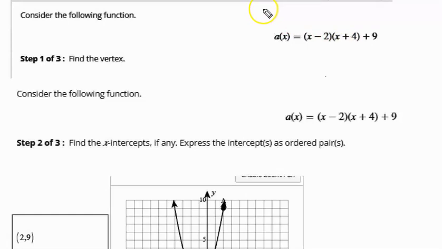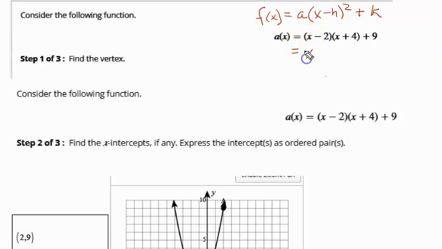That would be f of x equals a, and then x minus h, the quantity squared, plus k. Now, this is in some kind of form, but it's not standard form, it's not the vertex form. So let's simplify this a little bit here.